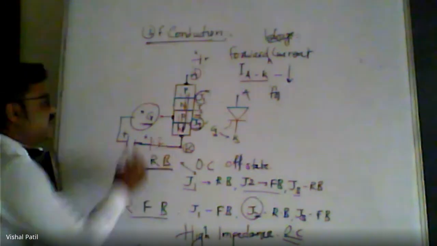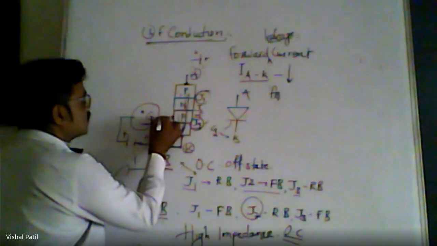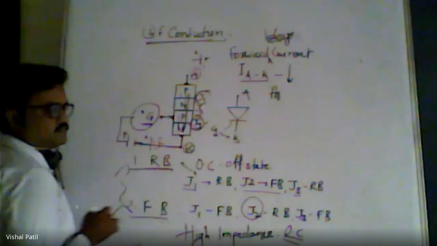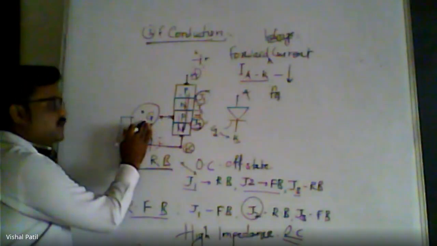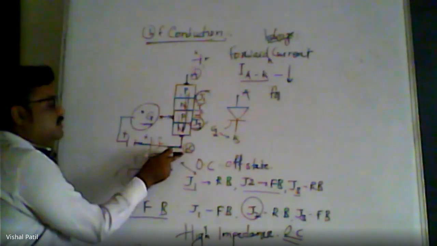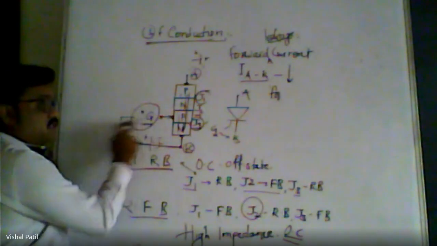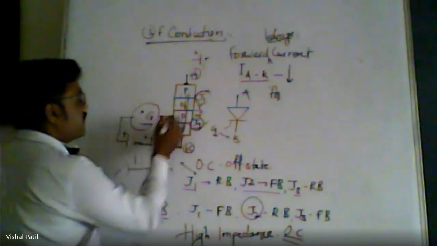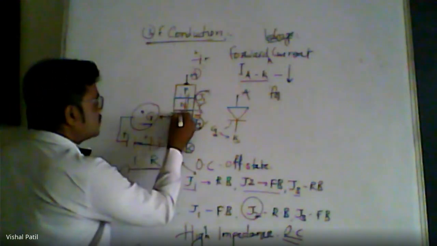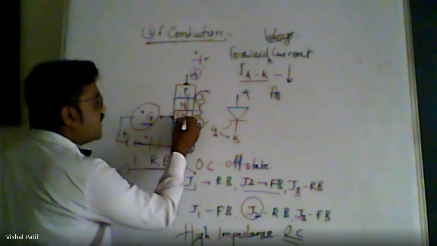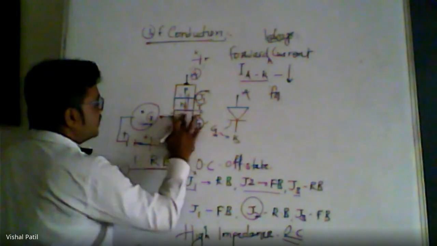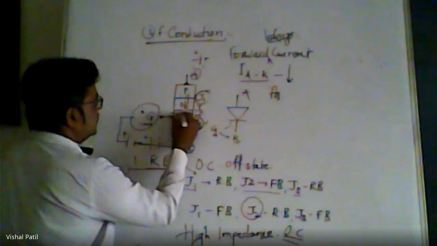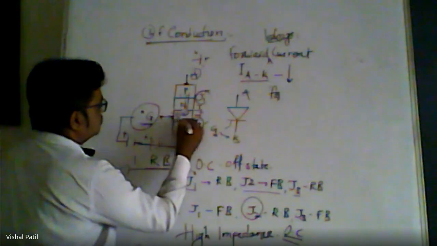The gate is provided with a positive pulse or positive potential, so compared to the cathode it is at higher potential. Because of that, the gate injects some electrons into the layer connected to the gate terminal. So in this layer we get electrons.